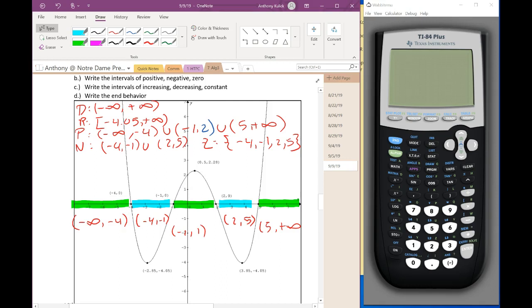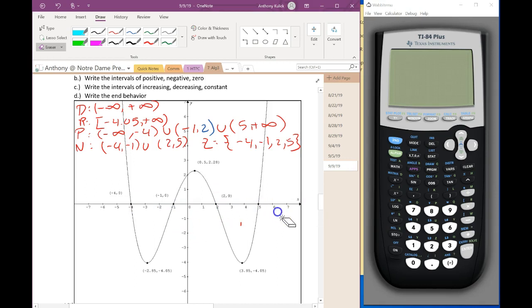All right. So I'm going to erase these marks out of here, and we still have to do increasing, decreasing, constant. So the graph decreases from here to here, and then from here to there.